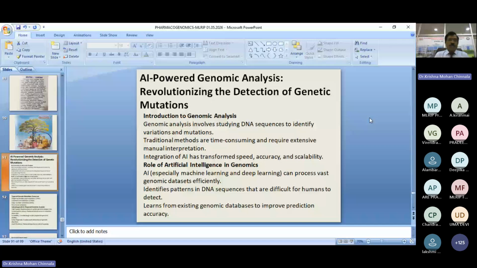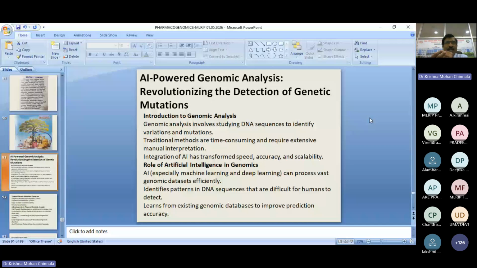Integration of AI has transformed speed, accuracy, and scalability. Role of artificial intelligence in genomics: AI, especially machine learning and deep learning, can process vast genomic data sets efficiently. In our previous slides, in the disincentive slide, what we discussed is unavailability of gene variations.